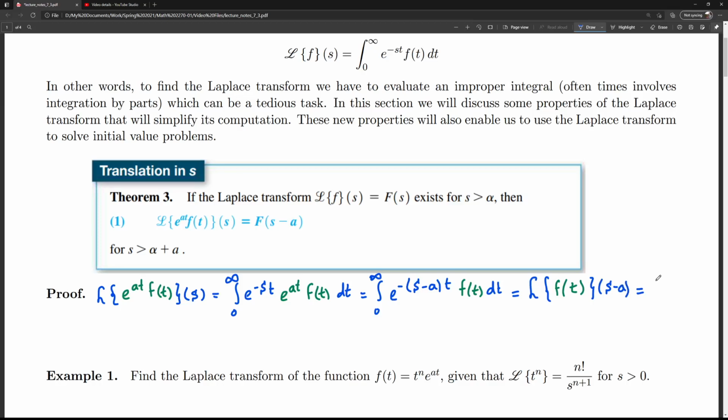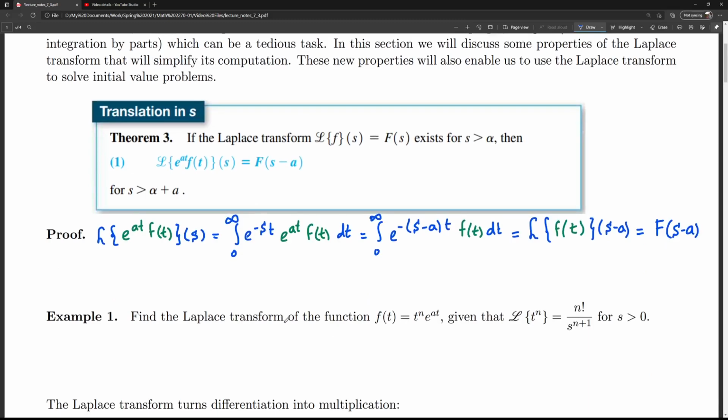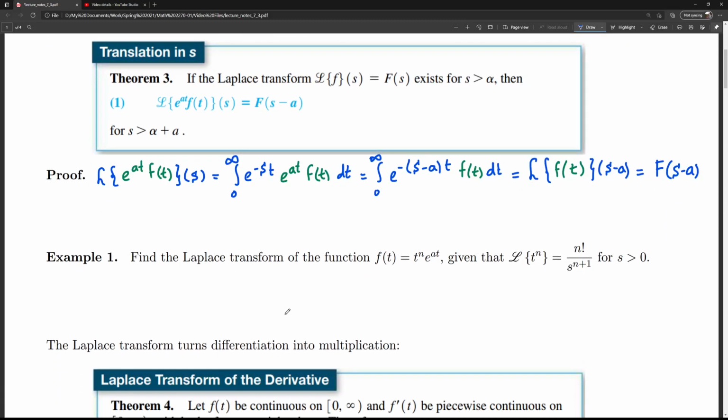And we can also write that as F of s minus a. So let's see this translation in s at work in an example.